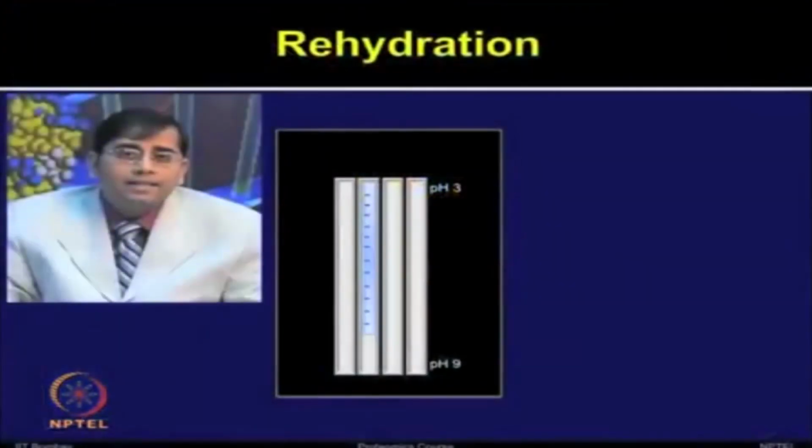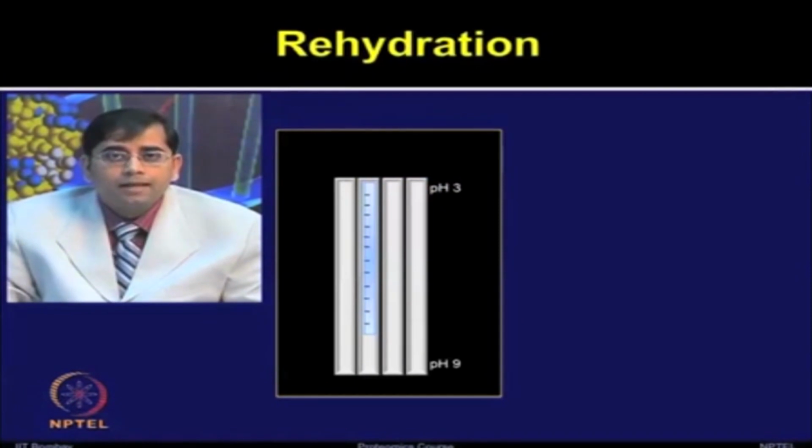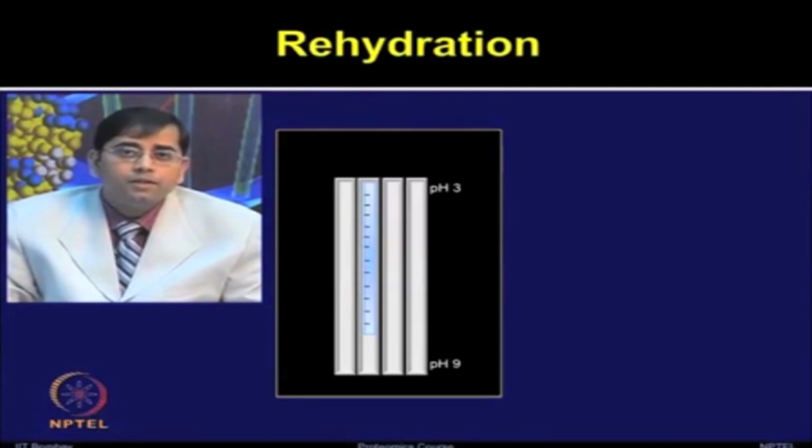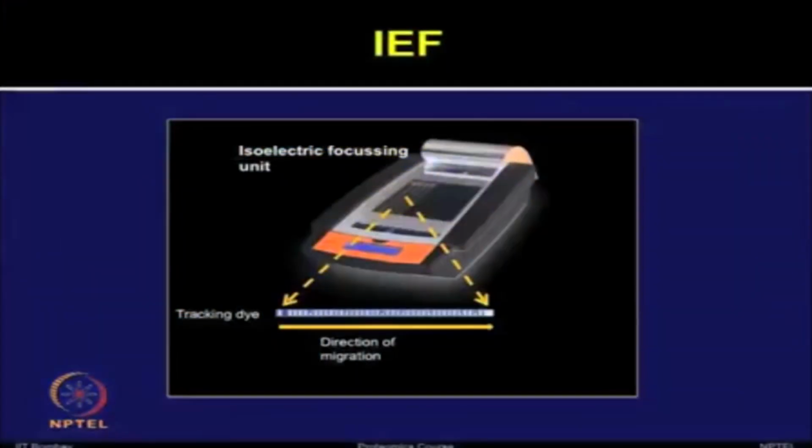After that process is done, you can take that sample and do the rehydration. We have talked about the rehydration step and the need for it in the previous lecture on the 2D workflow. Now, this rehydrated strip can be focused in an isoelectric focusing instrument.